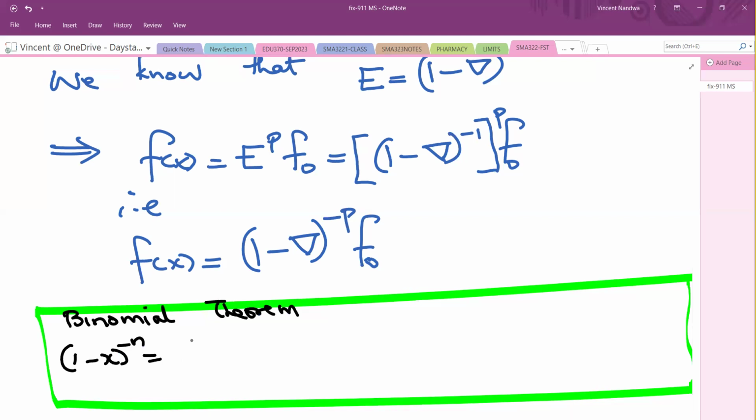First term will be 1, correct? Second term, nx, correct?